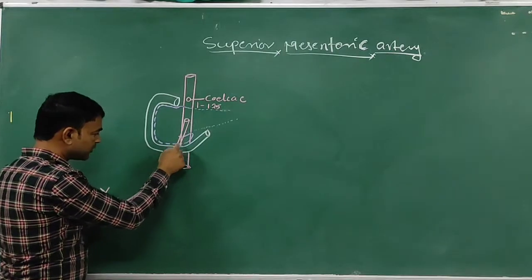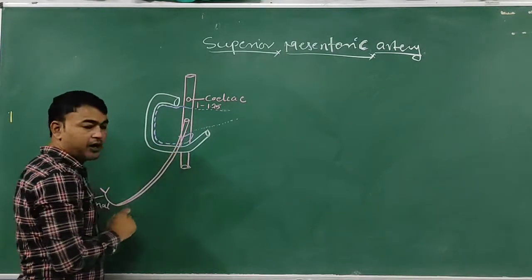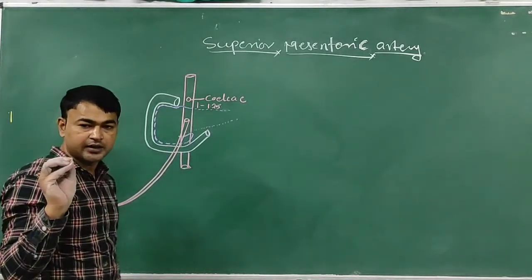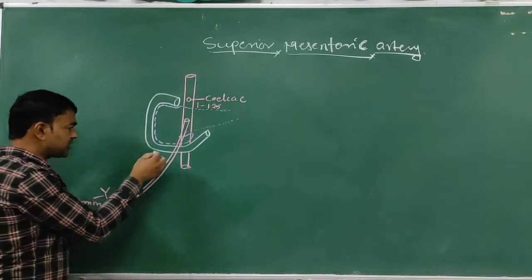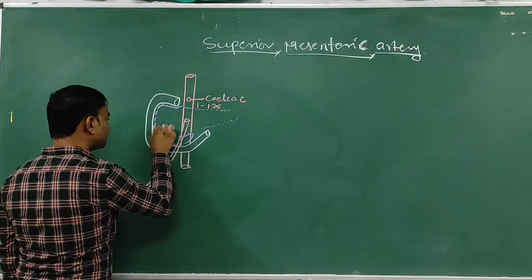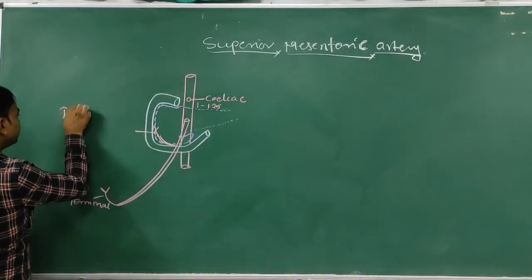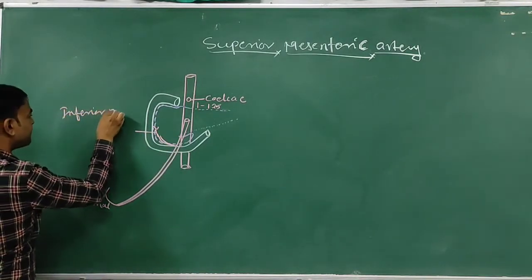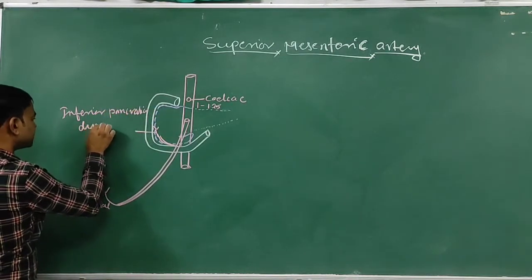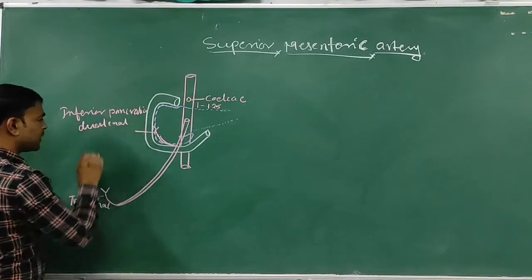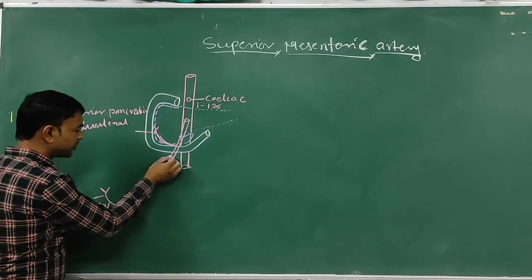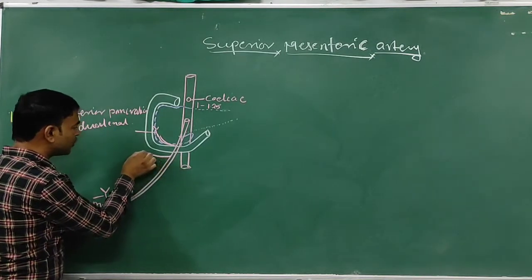After passing over the third part of the duodenum, it enters the mesentery, between the two layers of mesentery, and gives branches. The first branch is the inferior pancreaticoduodenal branch. The second branch, below the third part of the duodenum, is the middle colic branch.